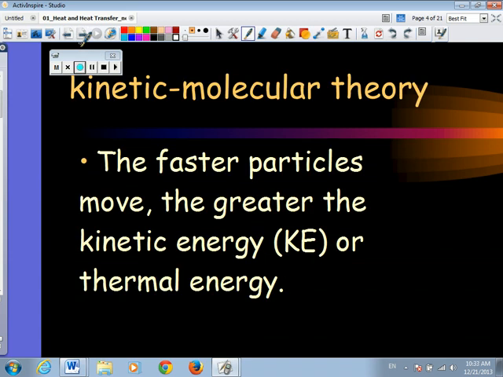This kinetic molecular theory, you probably had it back last year in chemistry. The faster the particles move, the greater the kinetic energy, or the greater the thermal energy. You remember our kinetic energy formula from before was 1/2 mv squared, where v was the velocity. So what was true of cars and roller coasters is also true of the molecules inside a substance.